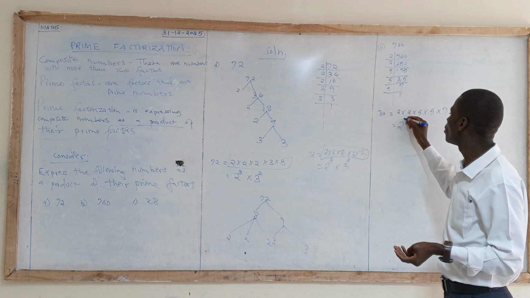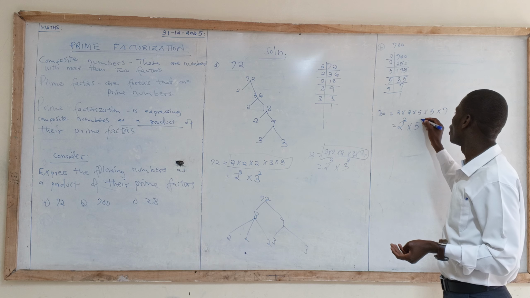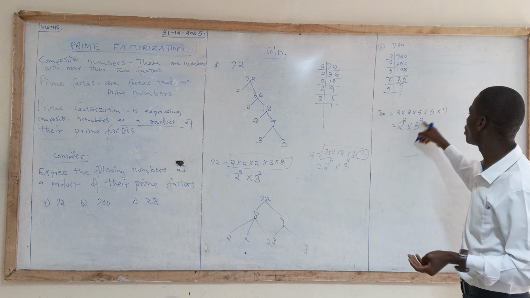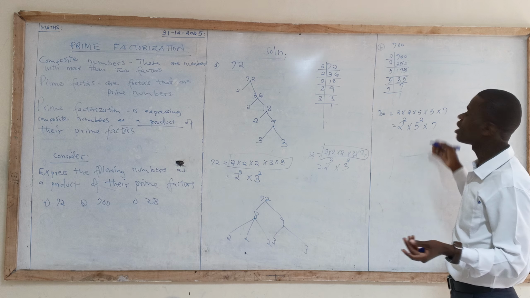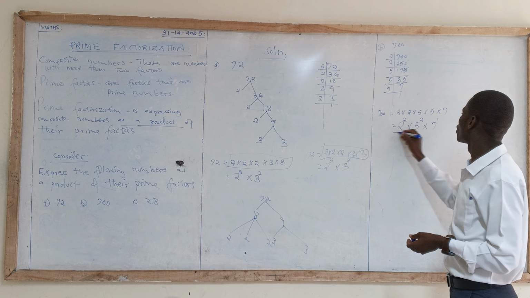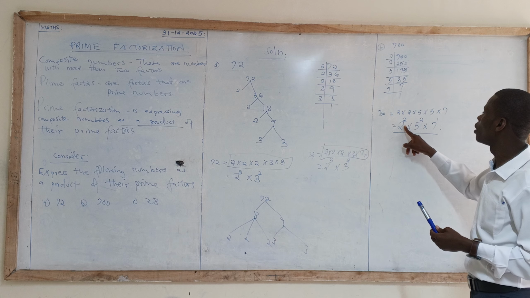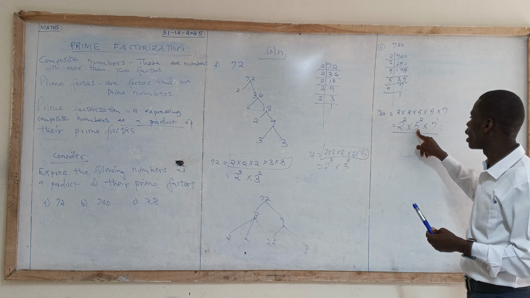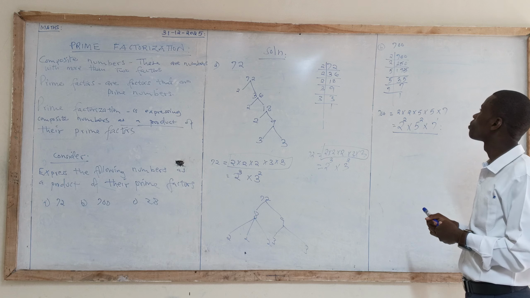So 2 and the number of times it appears. 5 appears how many times? 2 times. So 5 and the number of times it appears. Then 7 appears once, and we can just write 1 there for formality. So 700 is 2 appearing twice times 5 appearing twice times 7 appearing once.